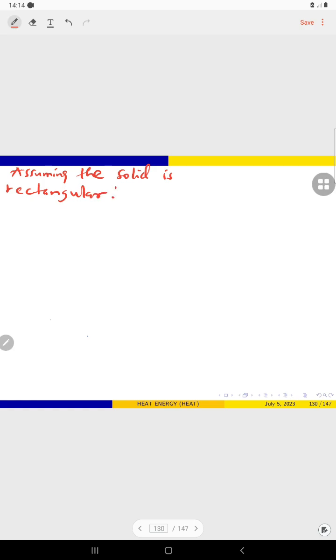So if the solid is rectangular, then what can we say here? Then we can write that AF will give us LF, length, times WF, width. So let me call this equation 3.